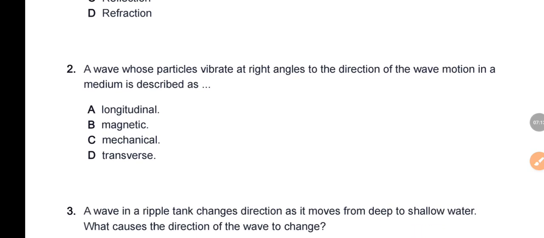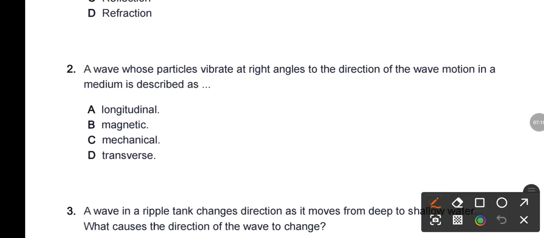Then, question 2. A wave whose particles vibrate at right angles to the direction of the wave motion in a medium is described as, remember, we have two types of waves. We have longitudinal waves and we also have transverse waves. In longitudinal waves, the direction of wave travel and the direction of motion of the particles is parallel, meaning that they travel in the same direction.